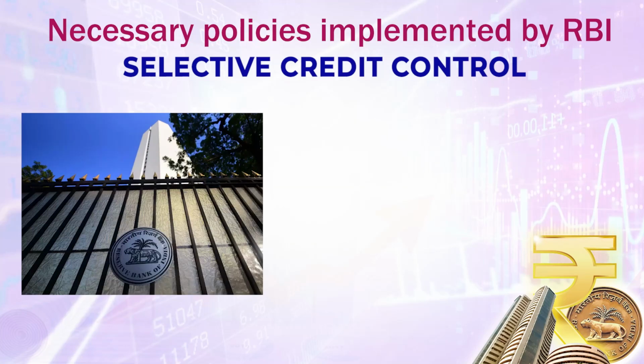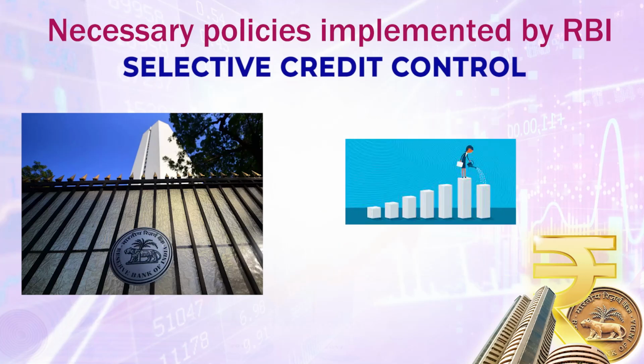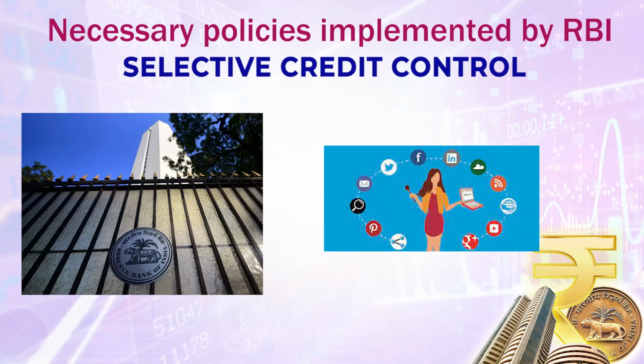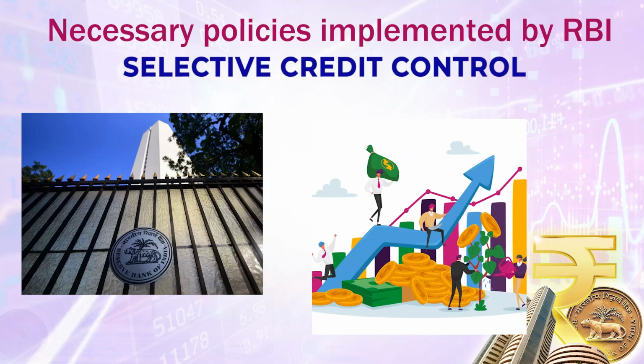In this case, the RBI takes control of these segments through selective credit control. Here, the producers do not get any kind of advance loan sanction, so that they cannot increase their price level and their marketing activity, since a price level increase will affect the masses of the economy. Overall, things will be controlled by the RBI to control the inflationary pressure of the Indian economy.